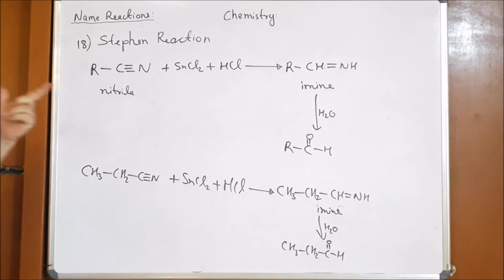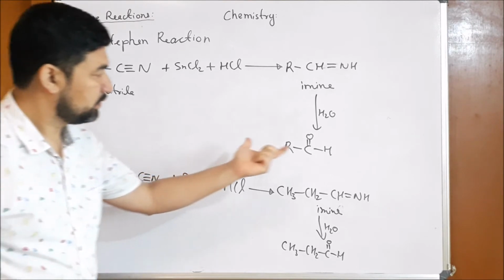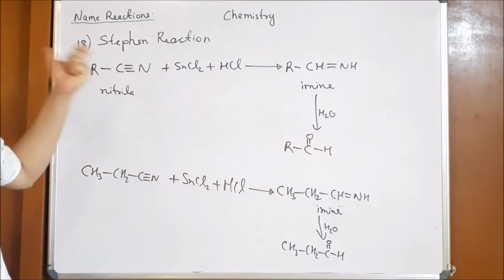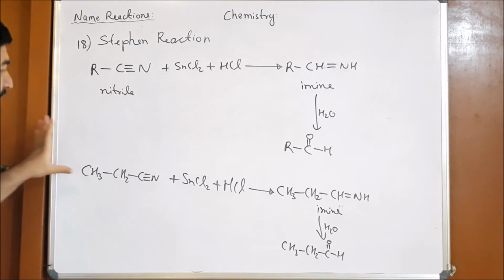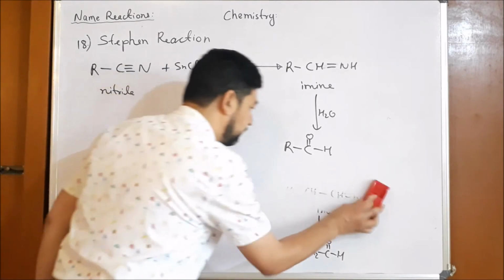There is another conversion of nitrile to aldehyde group, with the help of diisobutyl aluminum hydride, which we call DIBAL-H. We'll write that reaction.